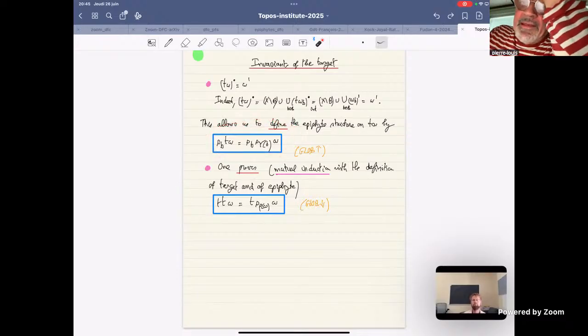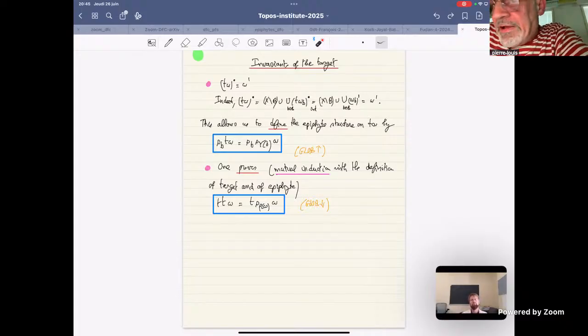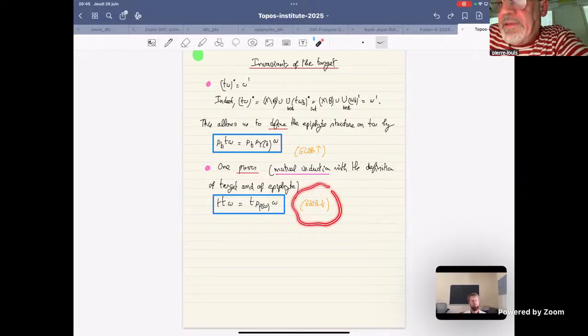And then you can see it as a globularity condition, okay? Globularity in the globular world is something that tells you that the source of the target is the same thing as the source of the source. And here you see source of target is source of source, but of course you have to specify which sort, okay? And same for target of target is target of source. So this is the other globularity condition.